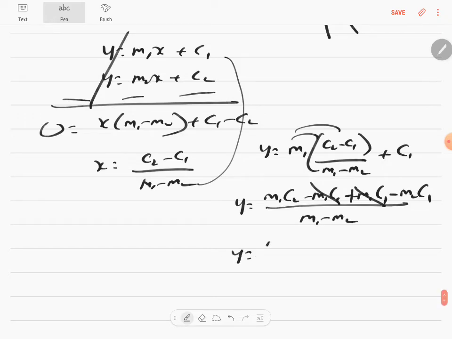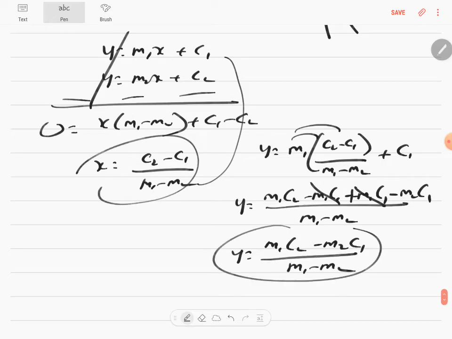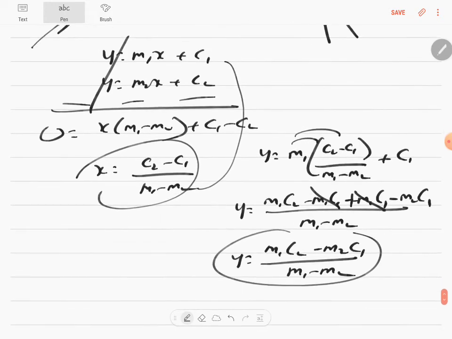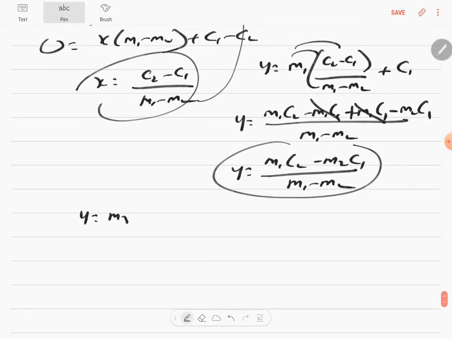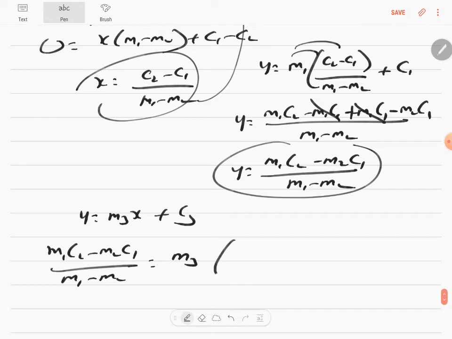Thus y will be m1 c2 minus m2 c1 by m1 minus m2. You get the x and y and substitute in the third equation. The third equation is y is equal to m3x plus c3. Y itself is m1 c2 minus m2 c1 by m1 minus m2 is equal to m3 into x itself, which is c2 minus c1 by m1 minus m2, plus c3.